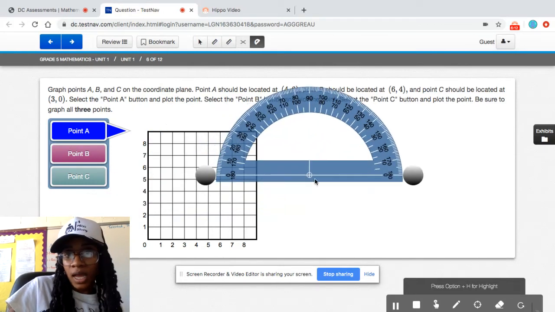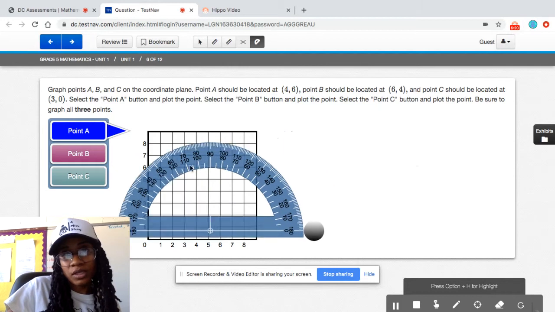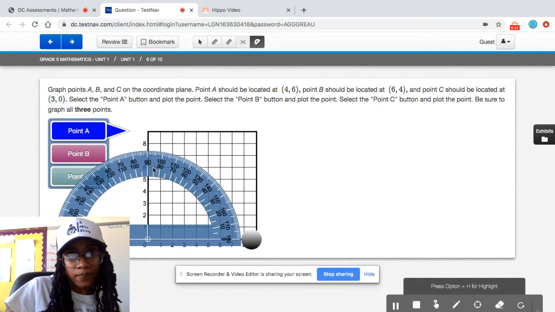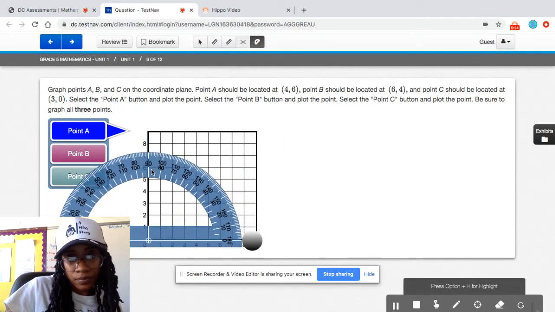This circle with the cross in the middle is your origin or your midpoint. This is where you put the vertex or the apex.